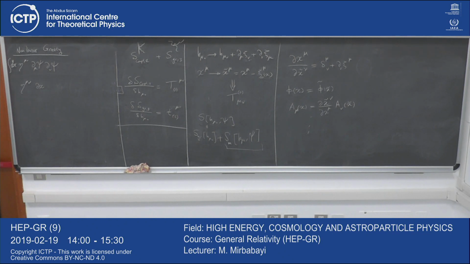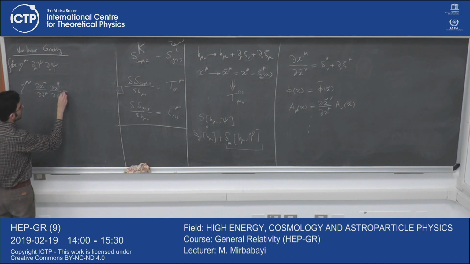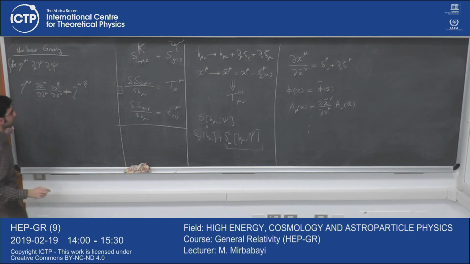It's a fixed matrix. It's not a field or anything. So what does it do? If I multiply by dx tilde mu, dx tilde nu, that is not equal to eta alpha beta. Since it is not equal to that, this action will not be invariant under the general transformation.